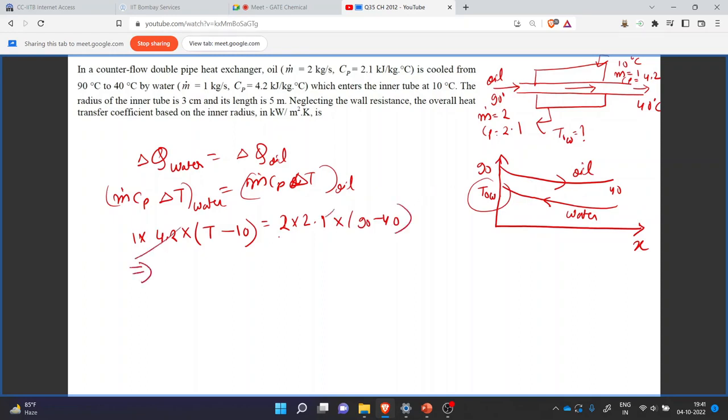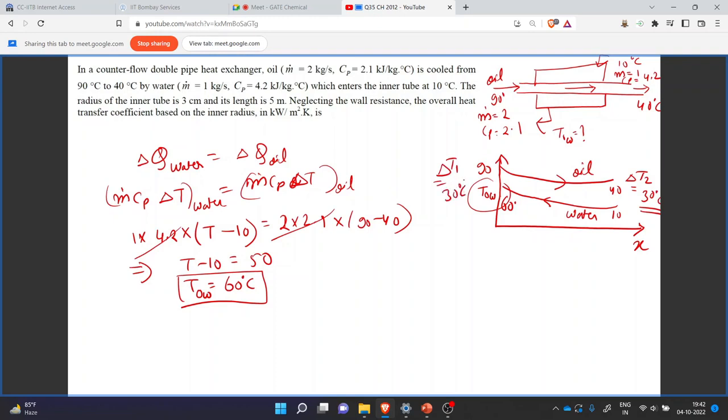That is, we can write this as T minus 10 is equal to 50, and this T outlet of our water will be 50 plus 10, that is 60 degrees Celsius. So here this is 60 degrees Celsius and inlet was 10. So at the exit of the heat exchanger, the temperature difference is delta T2 equal to 40 minus 10, it will become 30 degrees Celsius. And at the inlet, it will become delta T1 equal to 90 minus 60, that is 30 degrees Celsius.